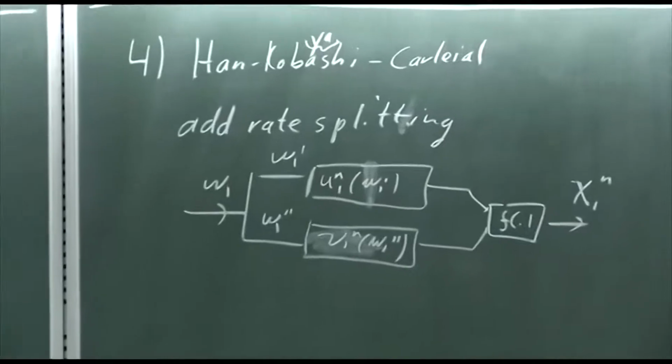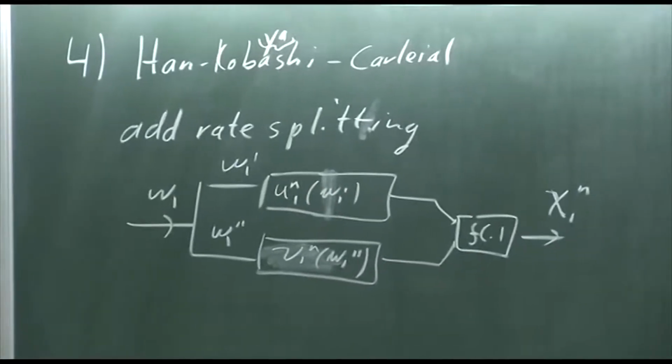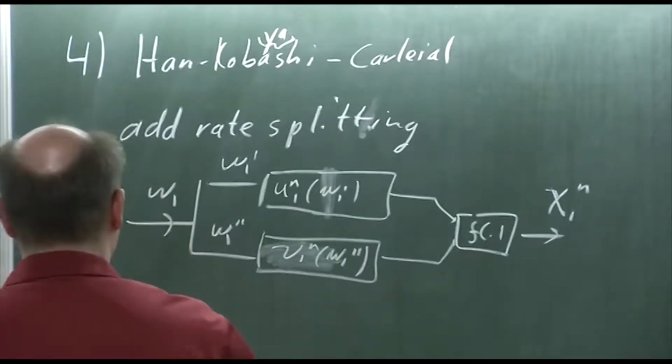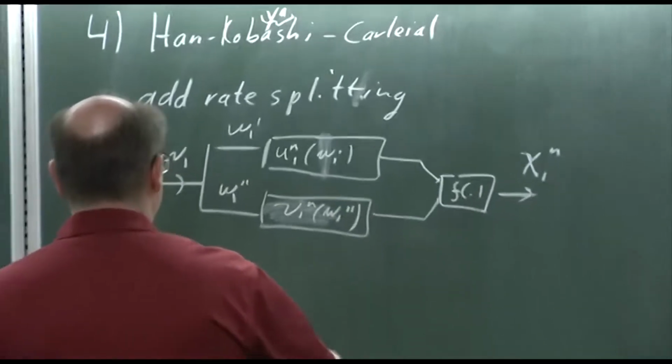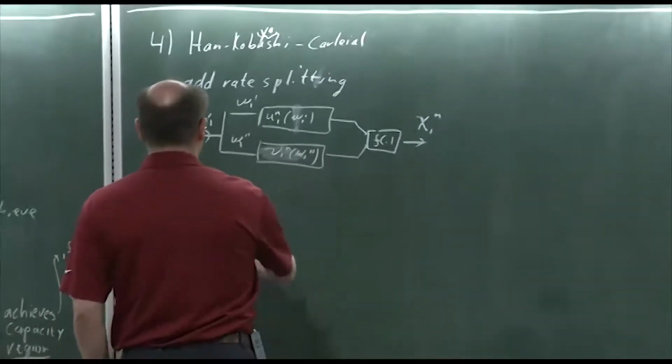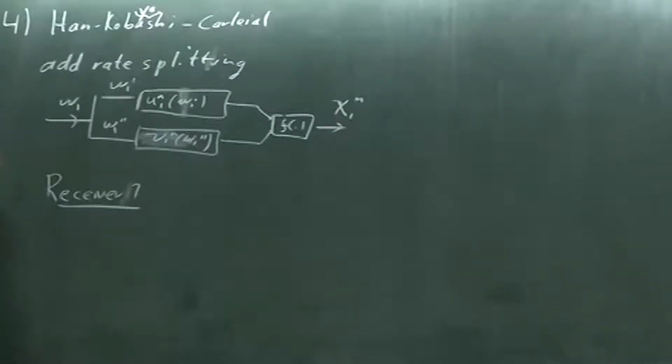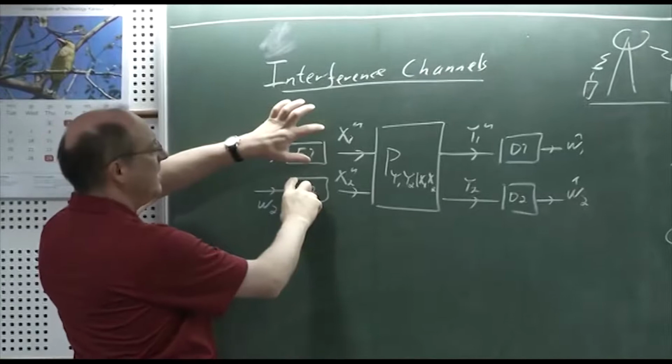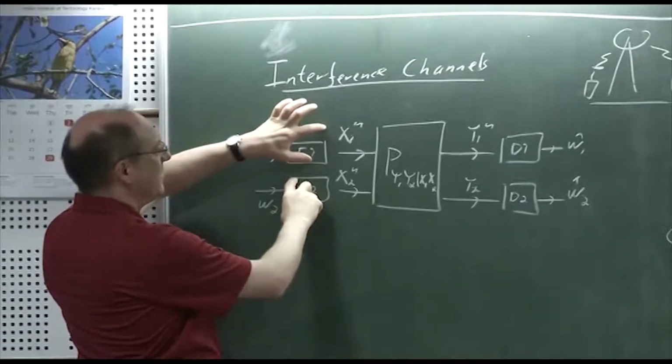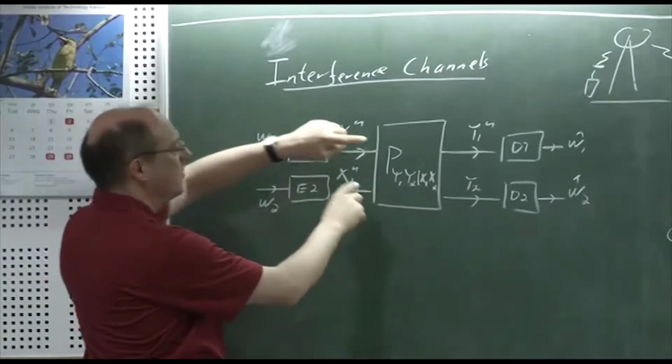So if you do the same thing for transmitter 2, and then receiver 1, we've converted the problem into a 4-message problem. So 4 messages now, 2 messages here, 2 messages here, and still 2 decoders, but there's one piece on both that's decoded by both.